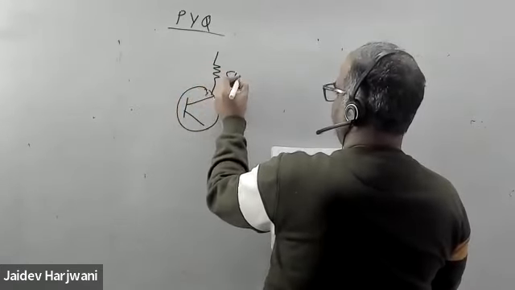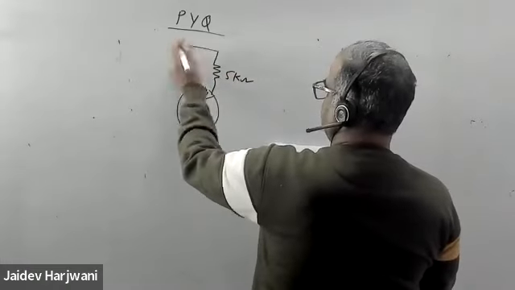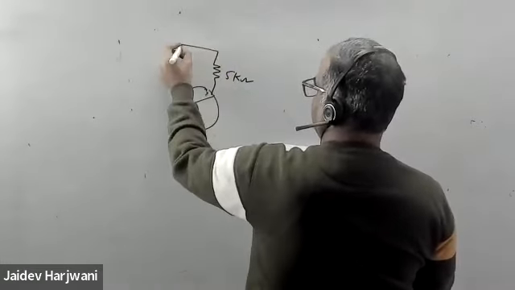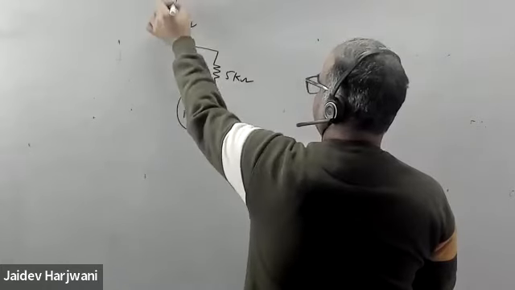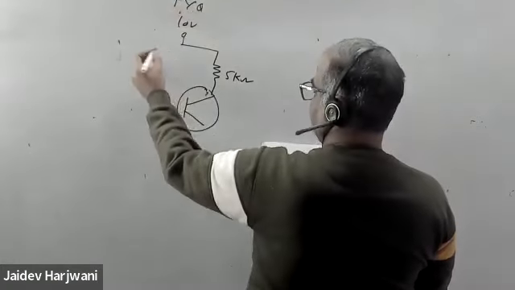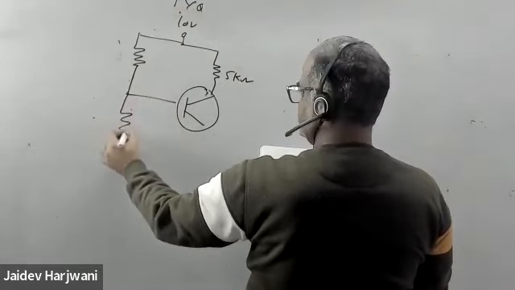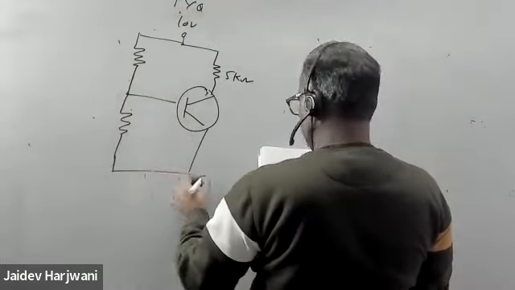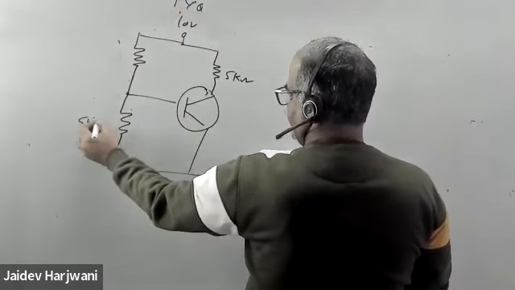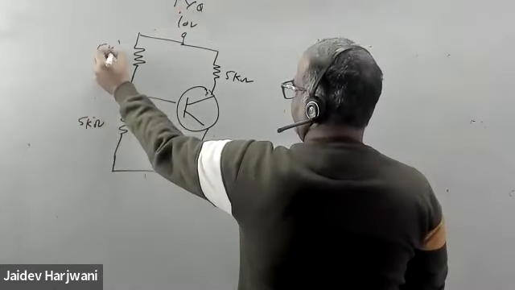So this is 5 kilo ohm. Then this is 10 volts. Again, a voltage divider circuit. They have given this 5 kilo ohm, this also 5 kilo ohm.